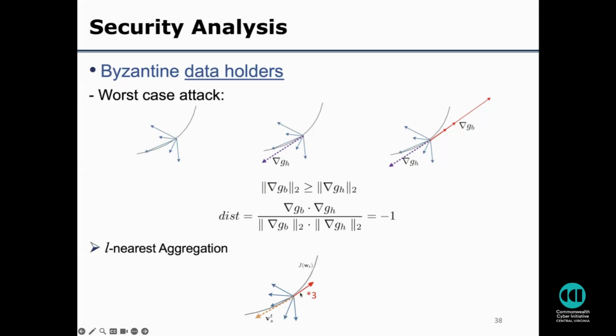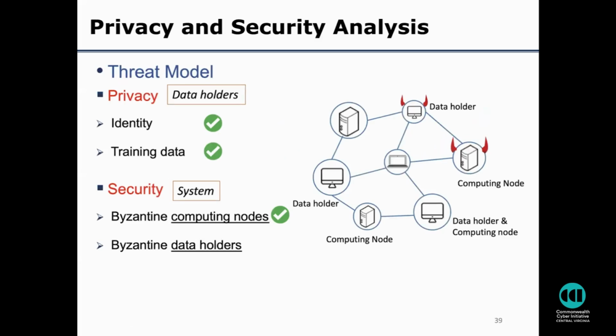By selecting the L nearest gradients, the impact from the malicious users can be alleviated. It has a minor impact, but it's not that high. So we also address the Byzantine data holder attack.